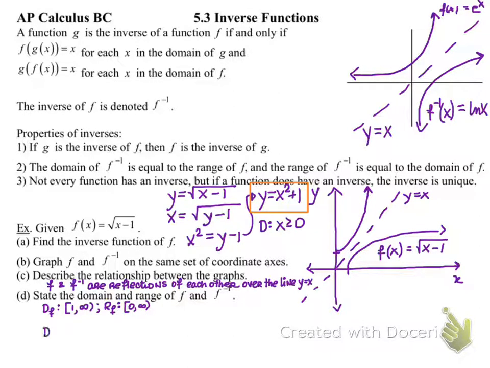Vice versa, the domain of the inverse starts at 0 and goes to positive infinity, and the range of the inverse starts at 1 and goes to positive infinity. Oh, forgot my parentheses. Okay.